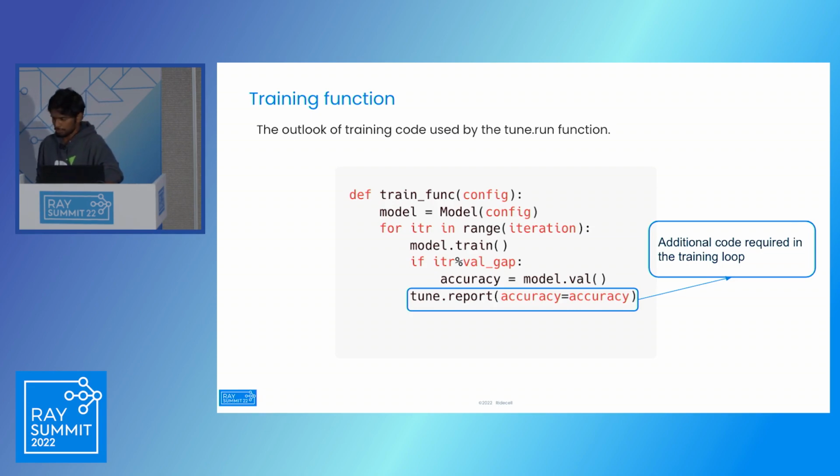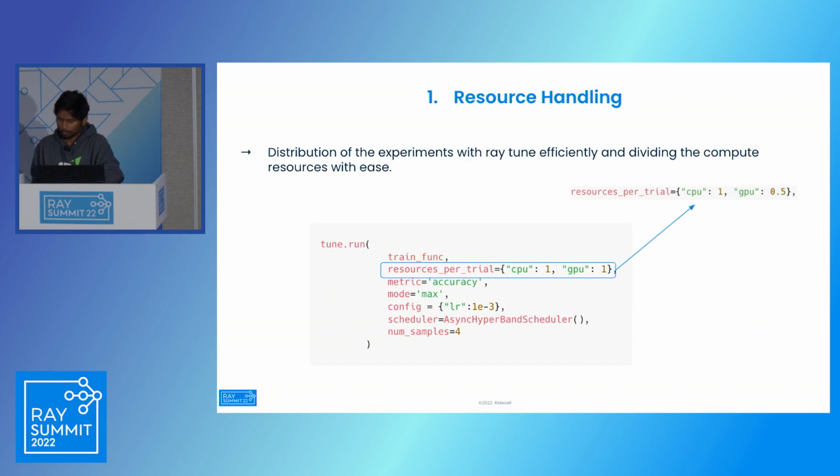So coming to the challenges, what are the challenges? Here is a simple graph where we're trying to achieve a higher accuracy, and each line represents an experiment. Over the number of iterations, we achieve some higher accuracy based on the different types of initialization used.